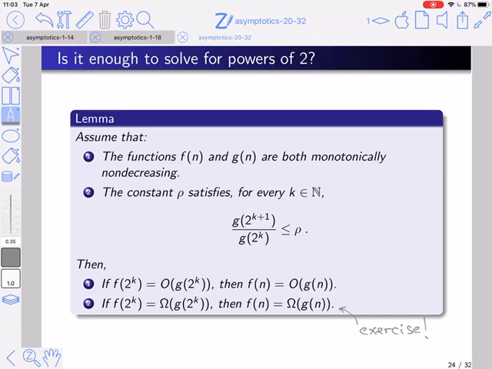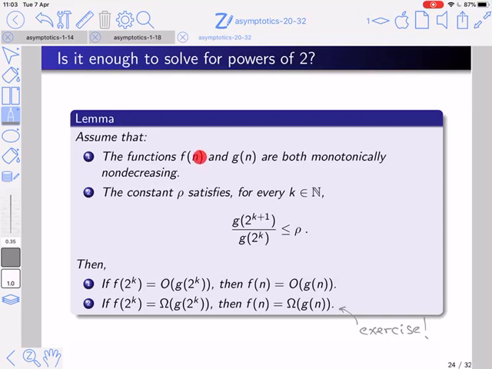So assume that I have two functions, f and g, both of which are monotonically non-decreasing. And assume that the function g is well behaved in the following sense. When I multiply the argument of g by 2, the value of the function increases by a factor of at most rho, where rho is some constant.